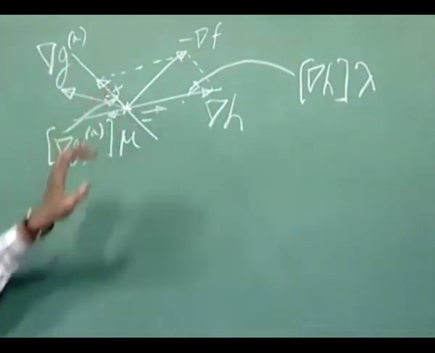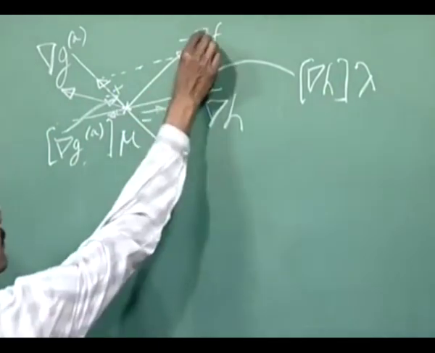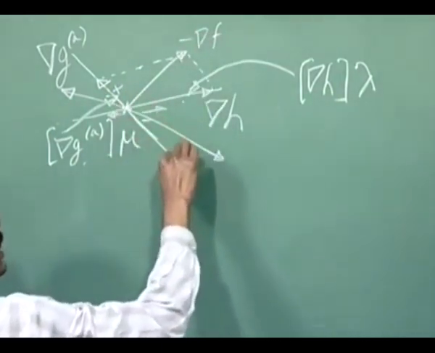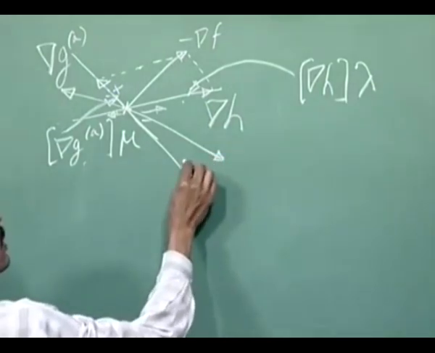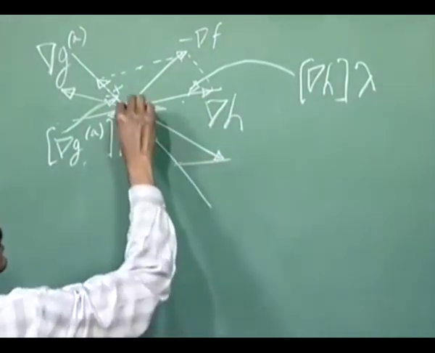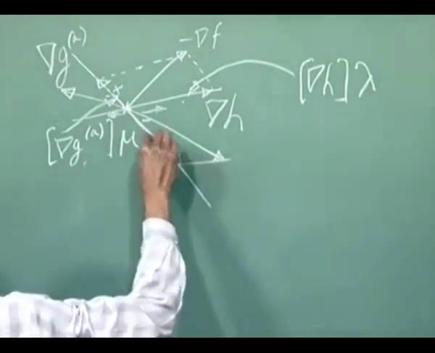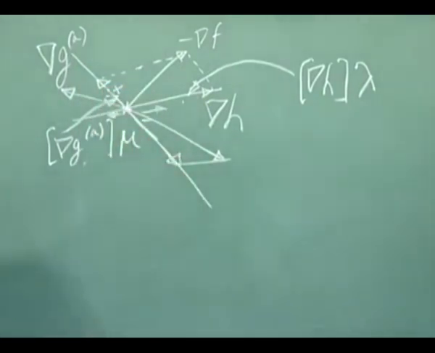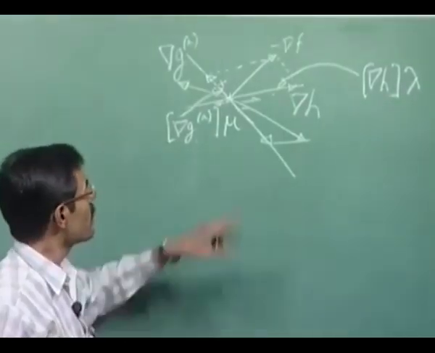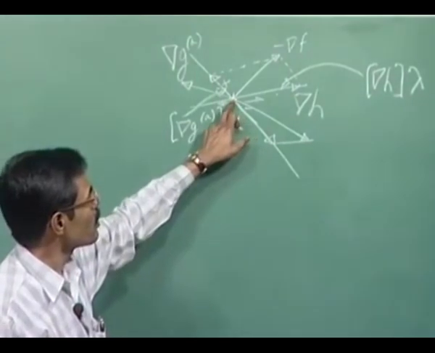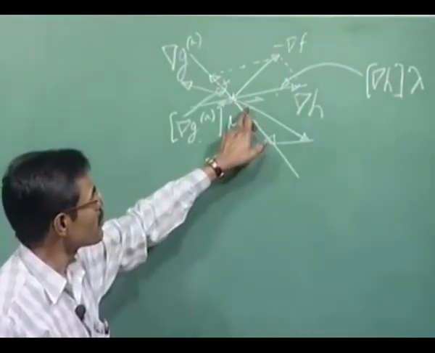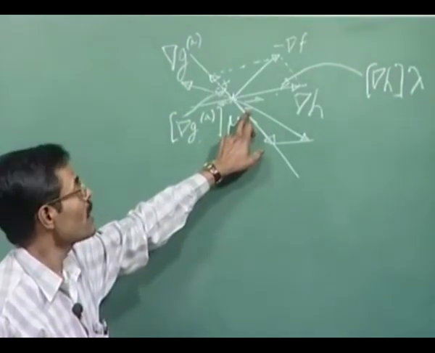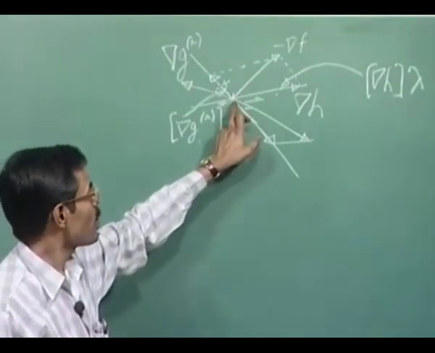On the other hand, if minus grad f is like this, having a component along negative grad g, that is in the grad g direction, if it has a negative component, that means it is feasible. At this point g is 0, in this direction g will become negative, that means the point will be feasible, the constraint will be satisfied. So this point is feasible.